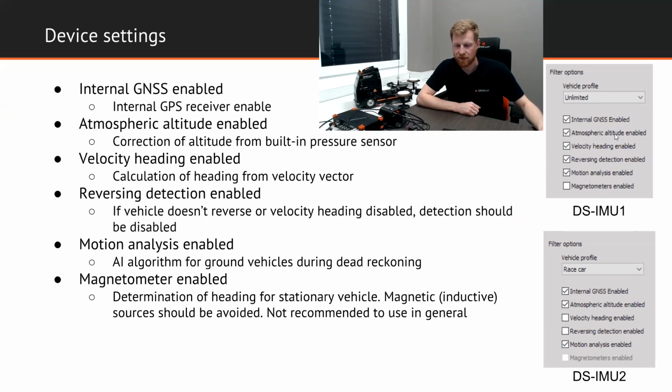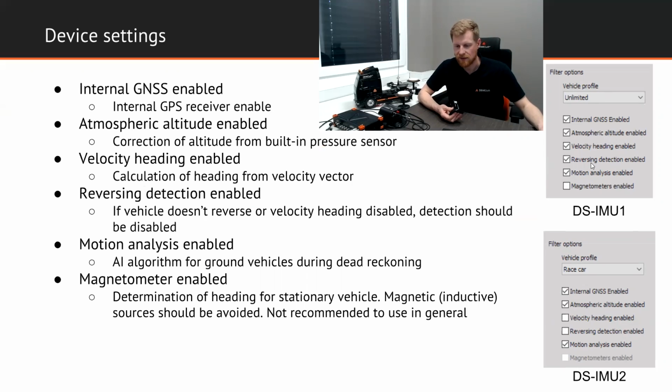Then we have a setting for velocity heading enabled. This is a setting that is mostly used on IMU1, which has only one antenna, so we cannot determine the actual orientation of the vehicle when it's stationary. When we start driving, we can determine the heading from the velocity of the vehicle.